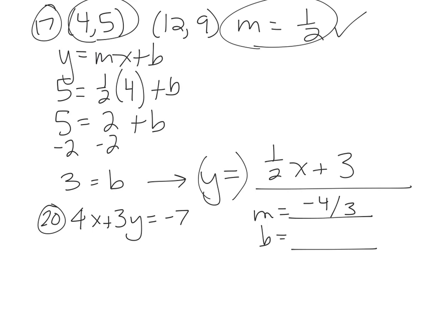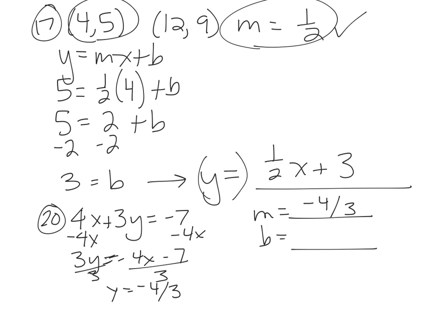So we just need to solve this for y. Minus 4x, 3y equals -4x minus 7, divided by 3. So y equals -4/3 x minus 7/3. So your b is -7/3. All right, I hope this has been helpful, and I'm going to try to upload it now.